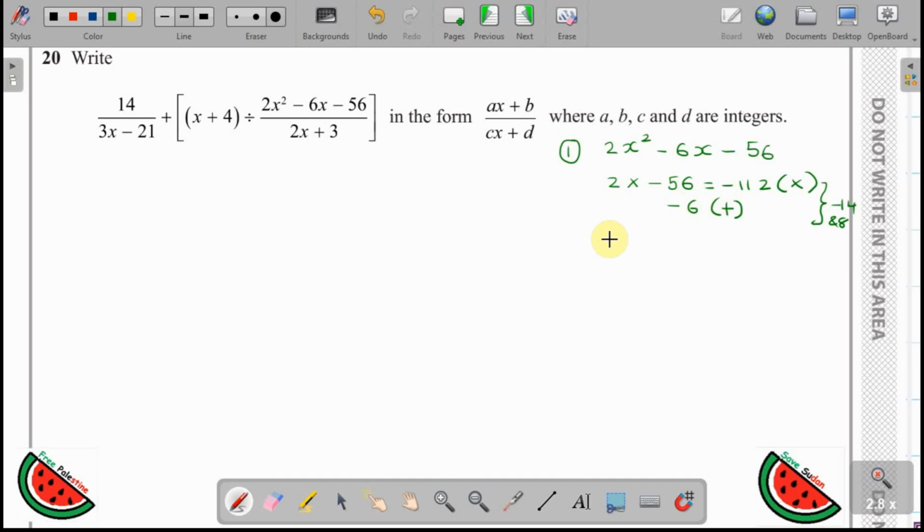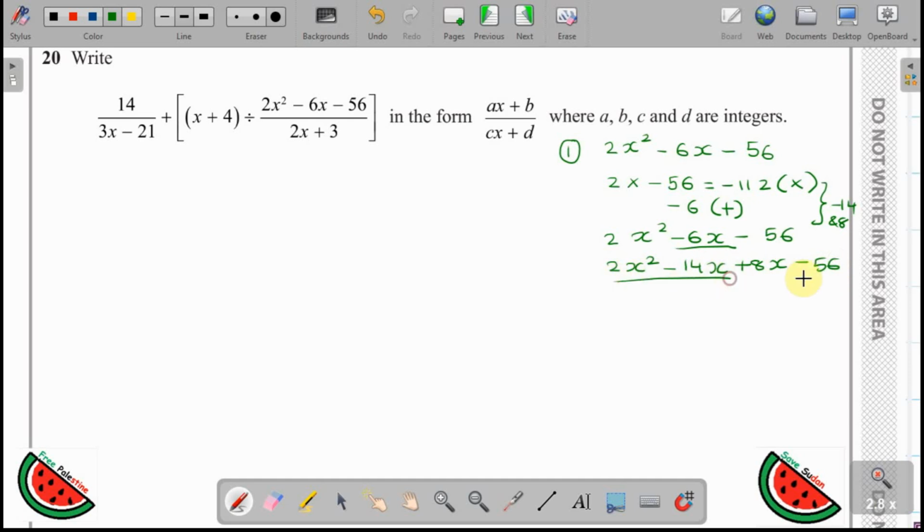Minus 14 times 8 is minus 112, and minus 14 plus 8 is minus 6. So I'm going to rewrite this: 2x squared minus 6x minus 56. I'm going to split this minus 6x into minus 14x and 8x: 2x squared minus 14x plus 8x minus 56.